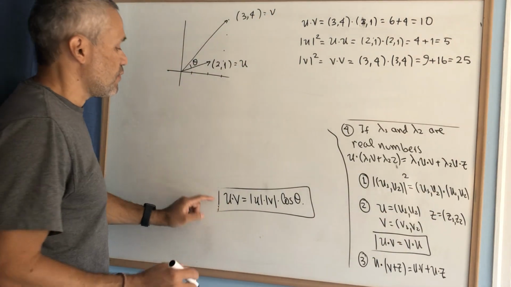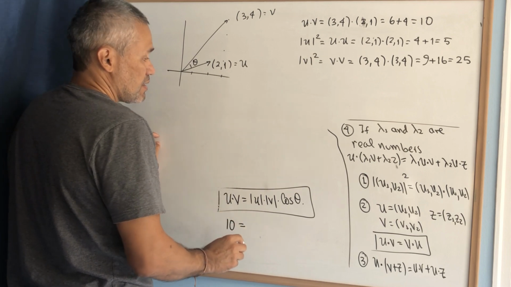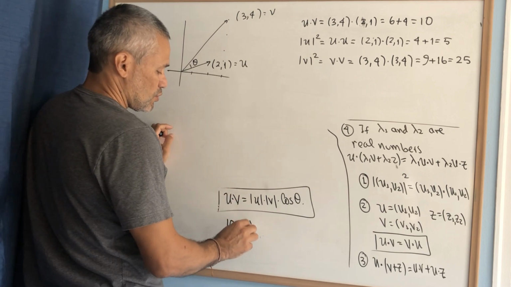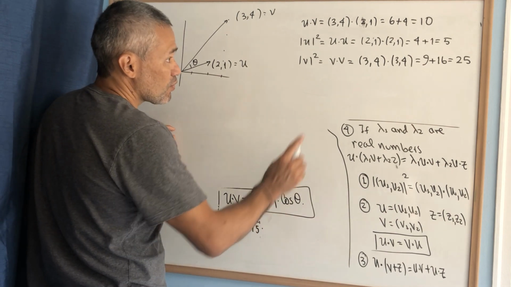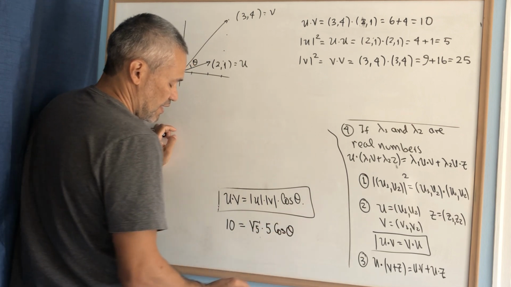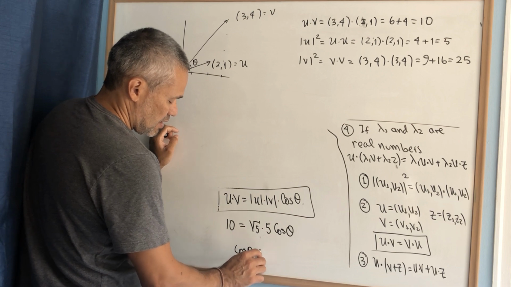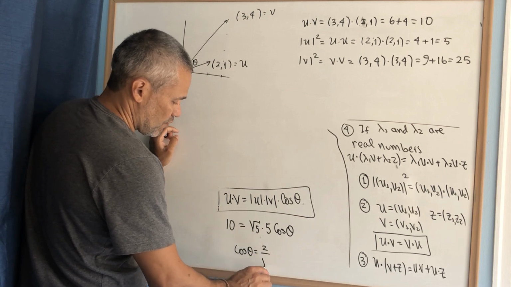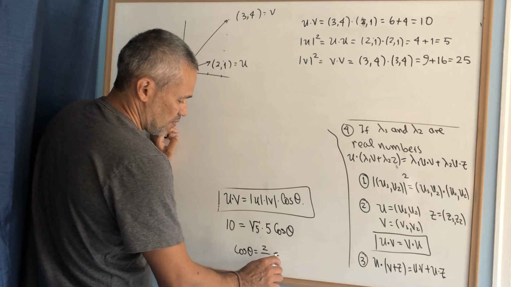Then, according to this formula, we have that 10 is equal to the square root of 5 times the square root of 25, which is 5, times cosine of theta. And that means that cosine of theta is just 2 over the square root of 5.